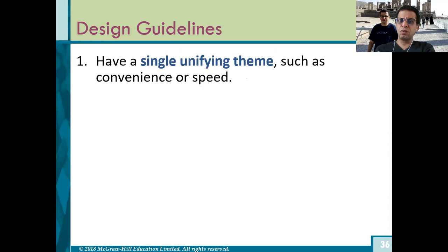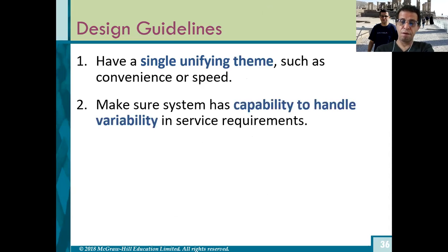Have a single unifying theme, such as convenience or speed. That's design for service, whether you're designing for speed or for convenience. Convenience means beside your home; speed is when you go in and out very quickly. Make sure the system has the capability to handle variability in the service requirements.